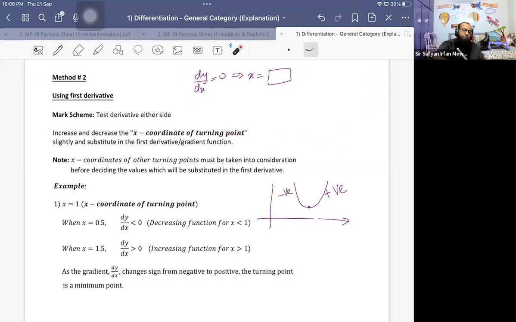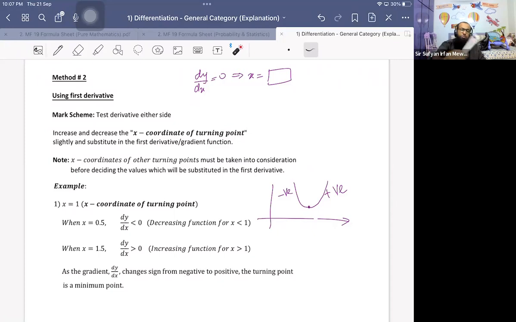But let's suppose one of the turning points is at 2 and another is at 2.5, then increasing slightly would mean do not make it 2.5, but rather substitute 2.2 or 2.3 or 2.4. Usually there's a distance between the first turning point and the second turning point. So the bottom line is we have to decrease the x coordinate of the turning point slightly, and we have to increase it as well slightly.